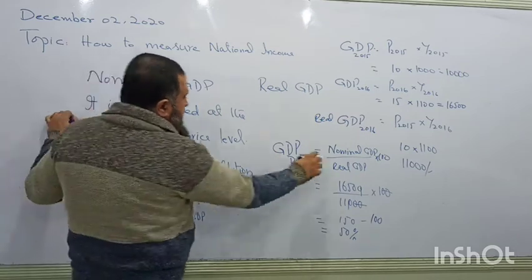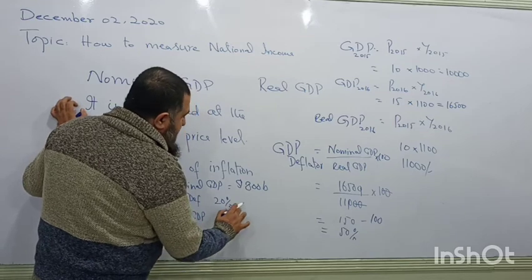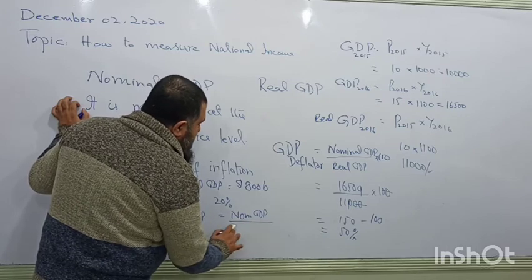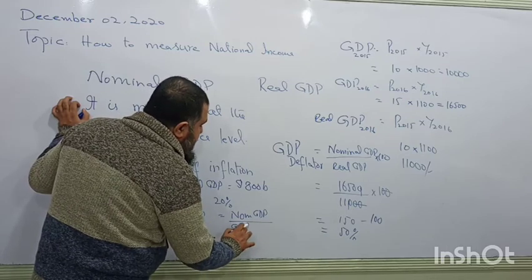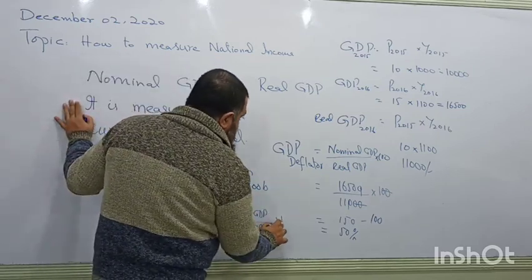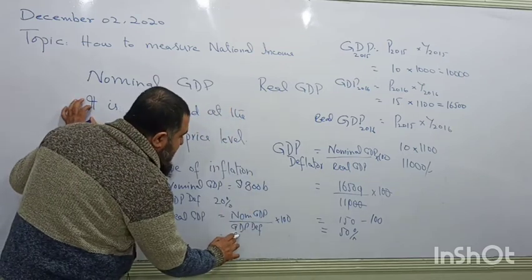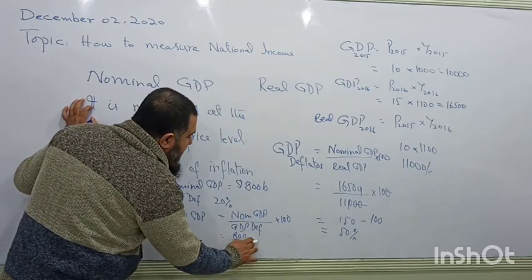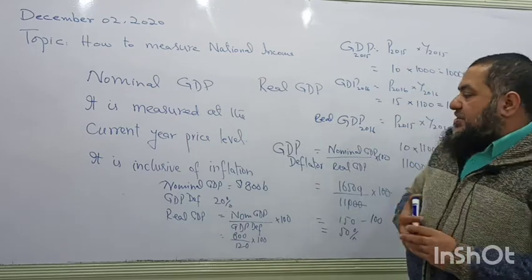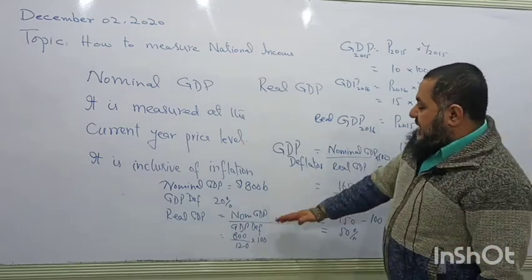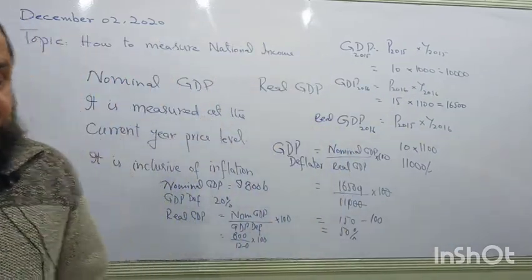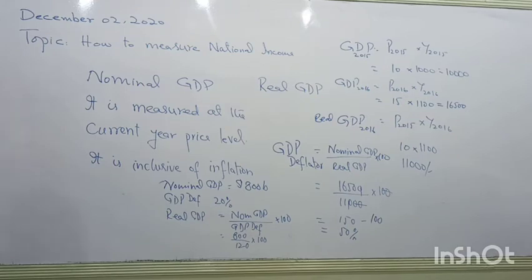Real GDP can be found by nominal GDP over GDP deflator, into 100. Like if you divide 800 by 120 and multiply it by 100, that will give you the real value of GDP of this country. Now its value will be deflated to a level where inflation can be excluded. Okay, this is about the nominal value and real value.